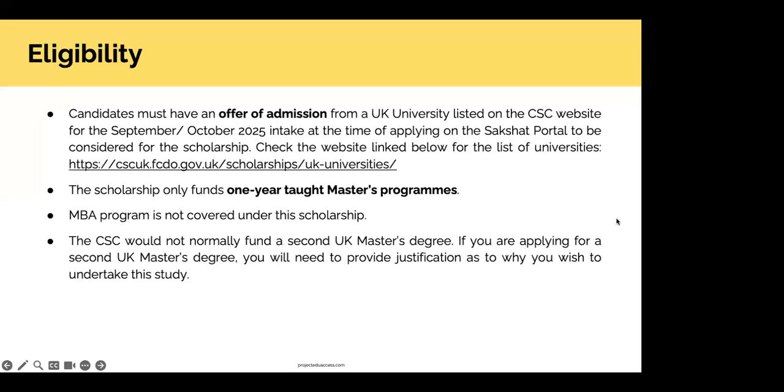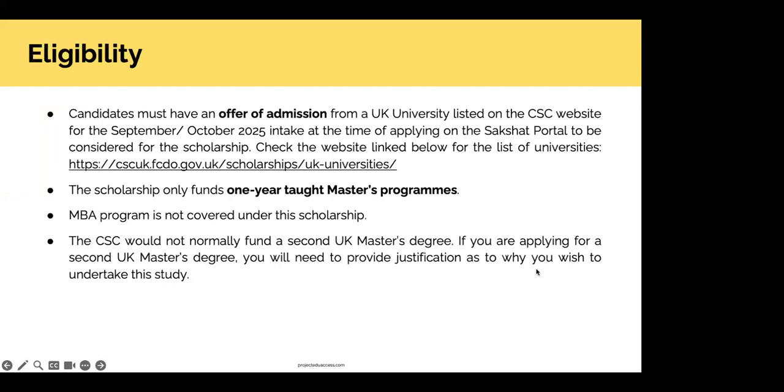You must have an offer of admission when you're applying later on the Sakshat portal. A lot of potential applicants miss out on applying for the Commonwealth Master Scholarship specifically due to this confusion, which is that you do not need an offer of admission while you are making your application on the CSC website. You do not need an offer of admission at this point, but you do need an offer letter later when you are applying at the Sakshat portal.